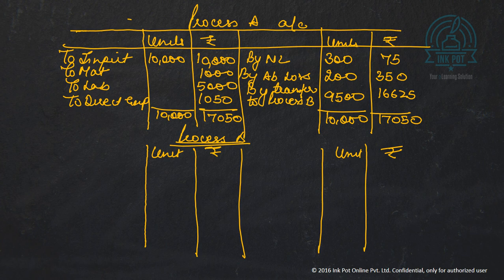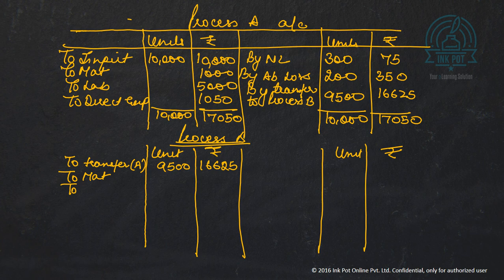Output of this process will be transferred to process B. So to process B transfer, 9500 units are transferred and the value is 16625. Write down the other expenses: to material, to labor, to direct expenses.